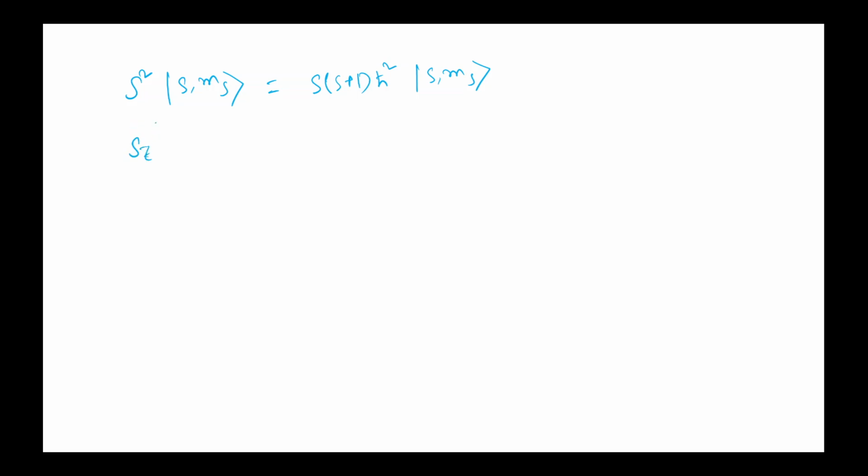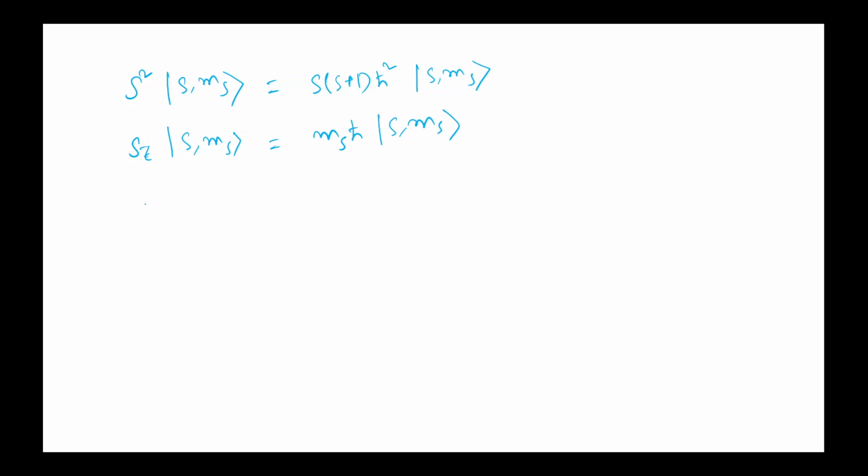Similarly, the sz operator, when it operates on |s, ms>, as you all know, gives you ms h cross times |s, ms>. Now, as |s, ms> is the eigenfunction of s square and sz, it is very evident that s square and sz in this |s, ms> eigenbasis are diagonal. Let me show you.